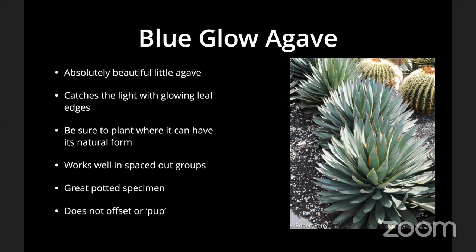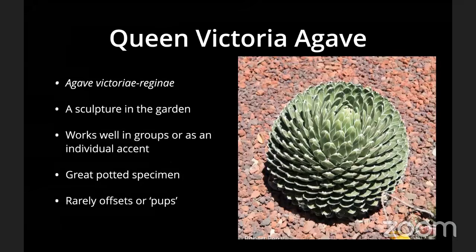And some of them, it's just going to be the end of the line. And so that will happen, but usually you've enjoyed them for a number of years and the investment is worth it. So that's something to be aware of with agaves. The botanical term is monocarpic, meaning it will only flower once. But to have a sculpture like this in your garden for a number of years could be absolutely worth it.